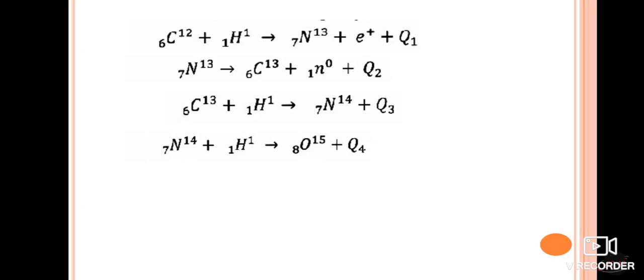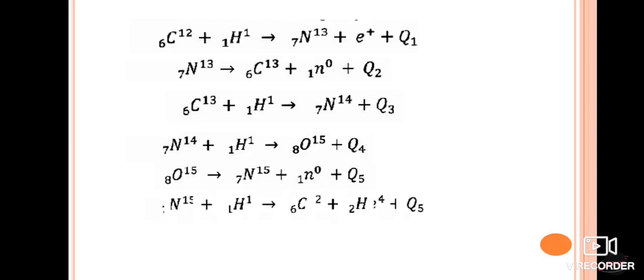Then the next step: N7 14 plus 1H1 gives you O8 15 and the Q4 amount of energy. Similarly, O8 15 loses a positron, giving N7 15 plus Q5, the amount of energy.